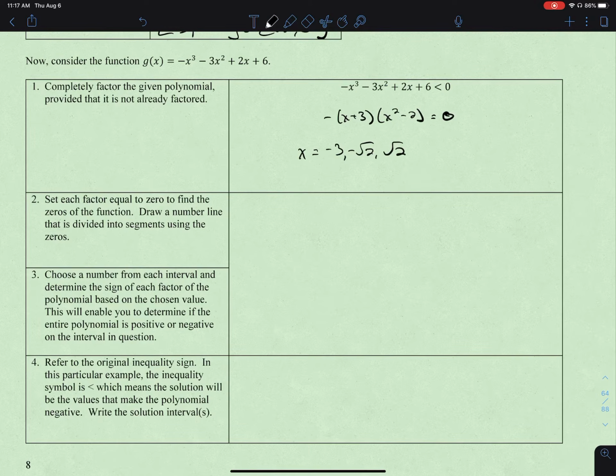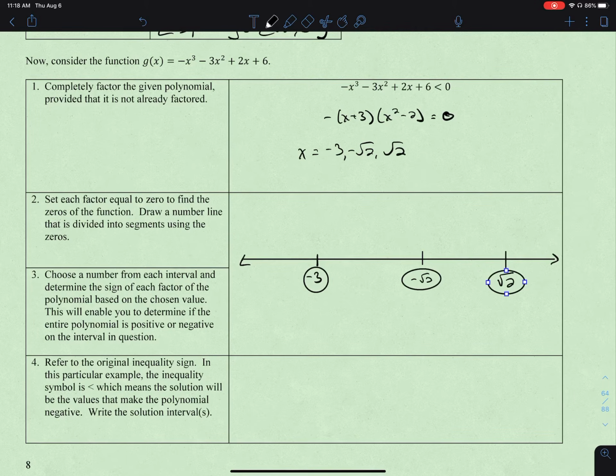Now we make a number line. On this number line, we make as many dashes as we have zeros. We have 3 zeros. It's not always going to be 3. We have one at negative 3, negative square root of 2, and positive square root of 2.